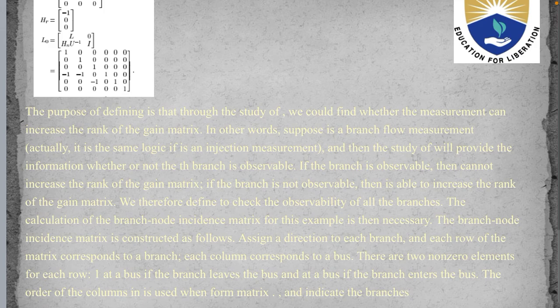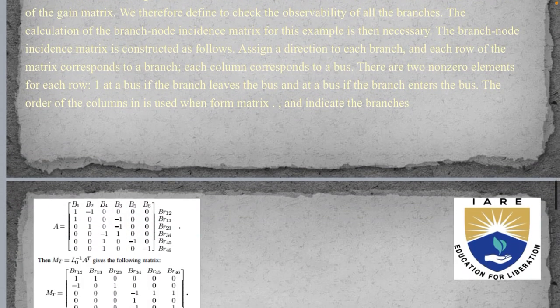Therefore, each row has two nonzero elements. If the branch leaves the bus, the entry is 1, and if the branch enters the bus, the entry is minus 1. The order of columns is used to form the matrix, and the branch-bus incidence matrix is as follows.